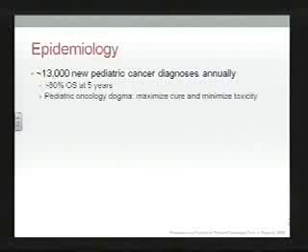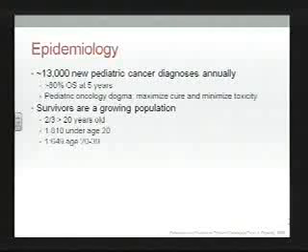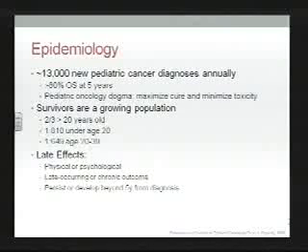And unfortunately, sometimes cure does come at a great price. This is a growing population, as you might expect then, and actually the majority are adults at this point. And 1 out of every 650 patients or so is between the ages of 20 and 39. And these late effects can also be quite diverse as well.